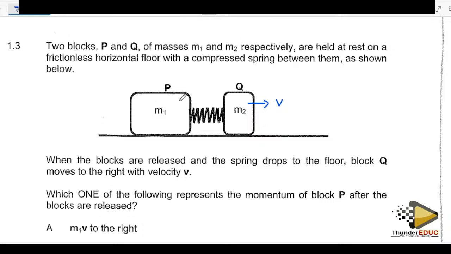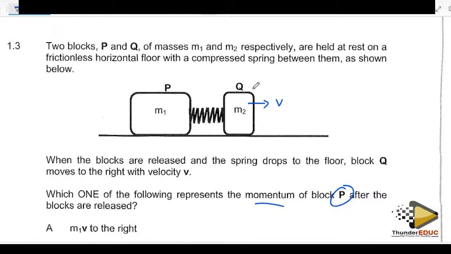In this case, they are asking us to determine the momentum of P. Since they were held together with a spring, and then the spring was removed, we expect the reaction to be the same, but in the opposite direction.